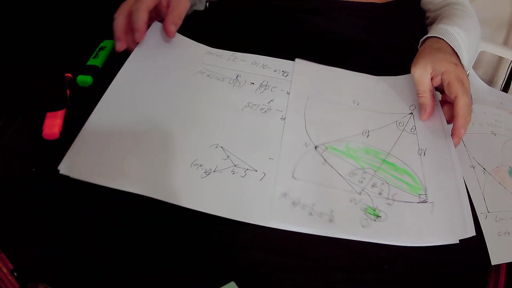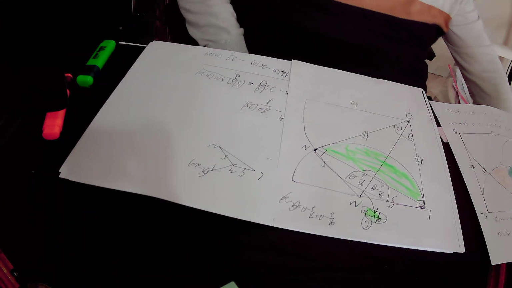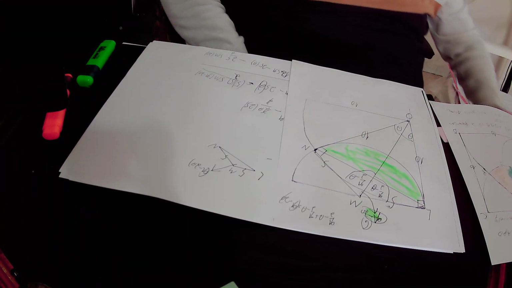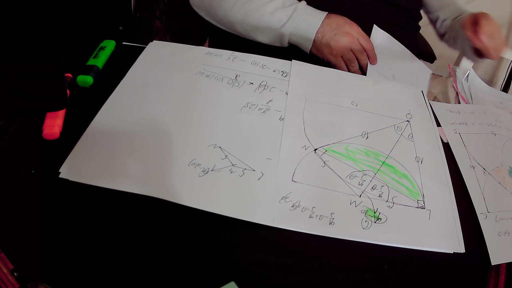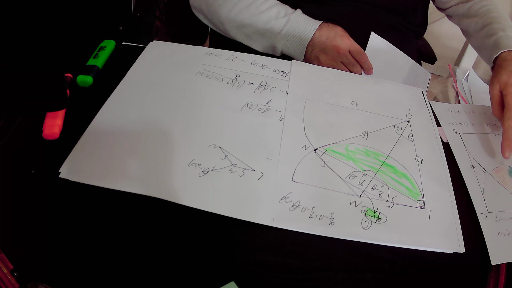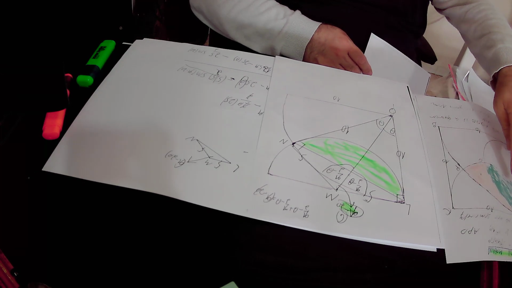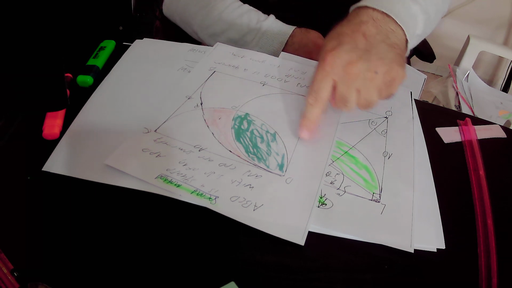Then we calculated, according to the formula that we created, the area of the big lens. Then we calculated the area of the blue lens, and we subtracted the area of the blue lens from the area of the big lens, and this way we got the area of the orange shape.